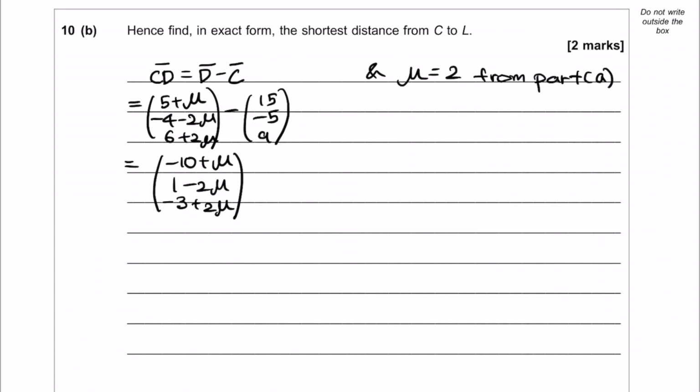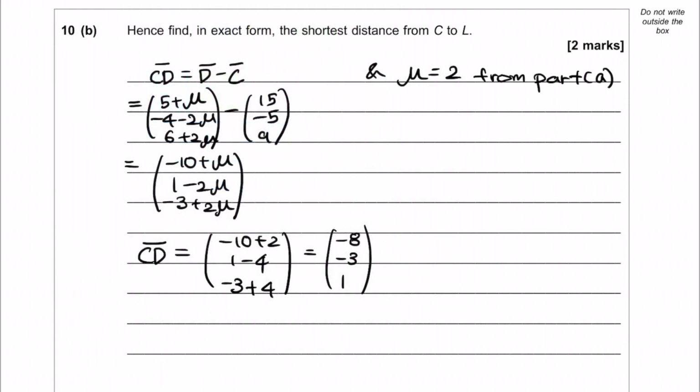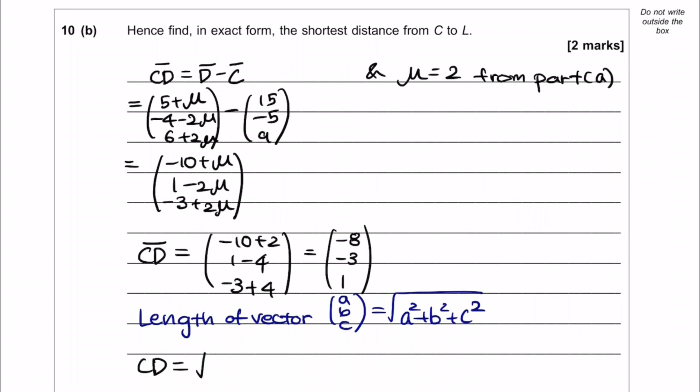Then if you substitute mu into this line equation, we get CD equal to (-8, -3, 1). Now, to get the length of a vector, for example (a, b, c), you square all the components, add them together, and put them all under the square root. So the length of CD is square root 70.